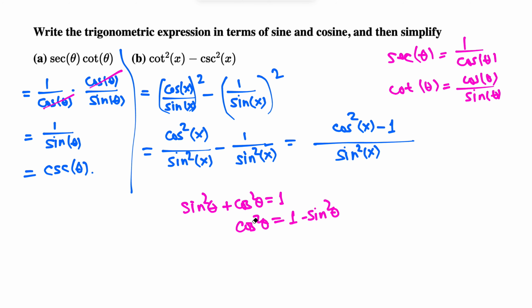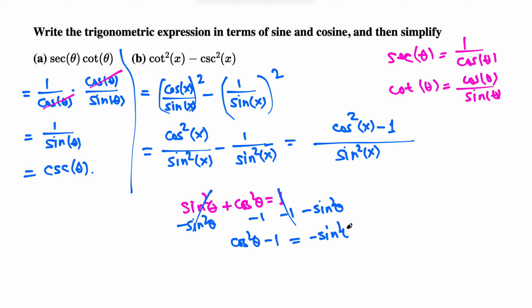But if we play around here, since we have this identity, we got cosine square minus 1. Cosine square minus 1, subtract 1 from both sides, and then move this over means also subtract sine square. I'm playing around with this Pythagorean identity just to put it in this format. So this is cosine square theta minus 1 equals negative sine square theta.